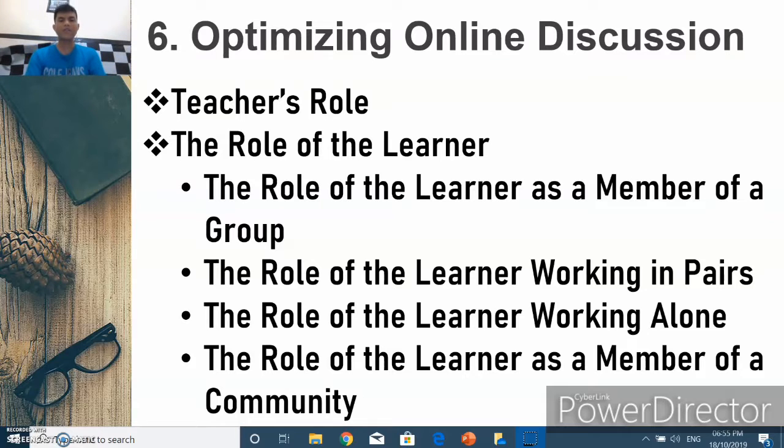The third is the role of the learner working alone. They have their own right to engage in the online discussion by their own will, and we need to encourage their will so that all of the process can be clarified. And the last is the role of the learner as a member of a community.